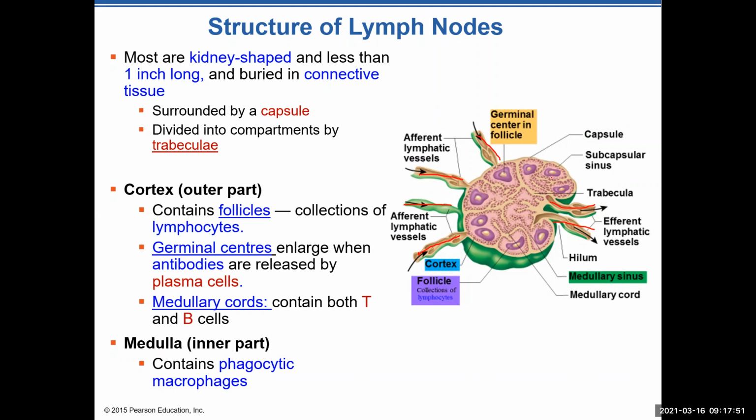Same thing with the lymph. As lymph enters into the lymph node, we have plenty of afferent vessels so that lymph can enter the lymph node, but we just have 2 exits so that it gives the lymph extra time to stay in the lymph node.